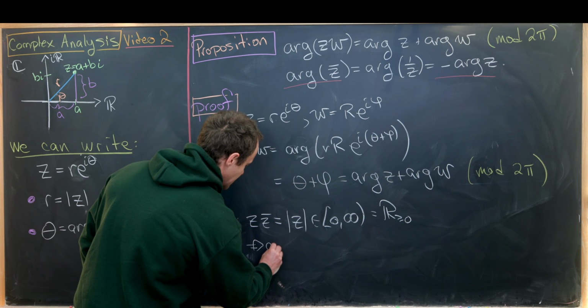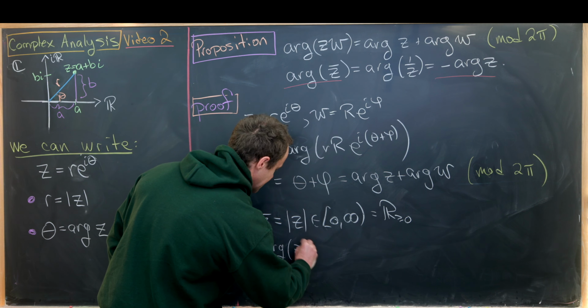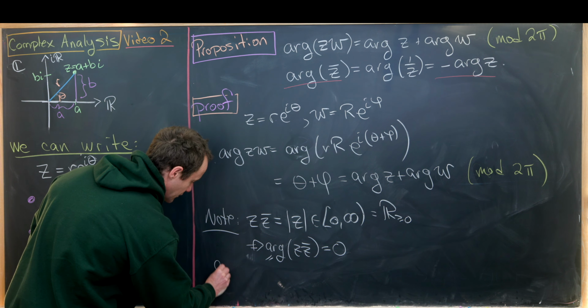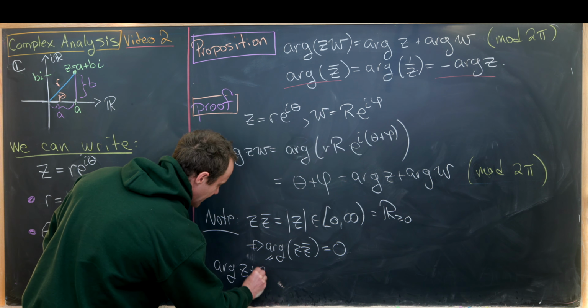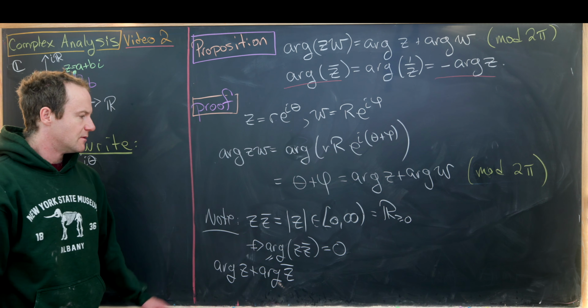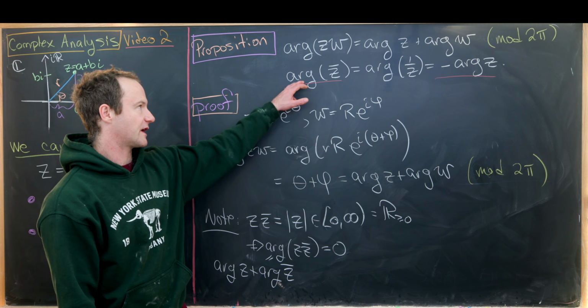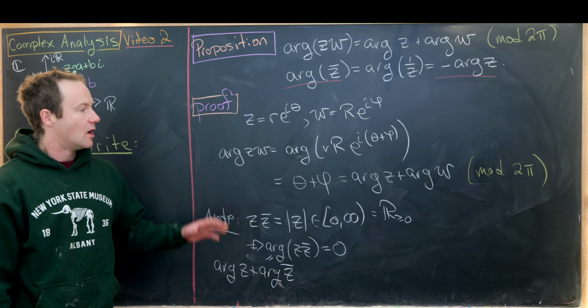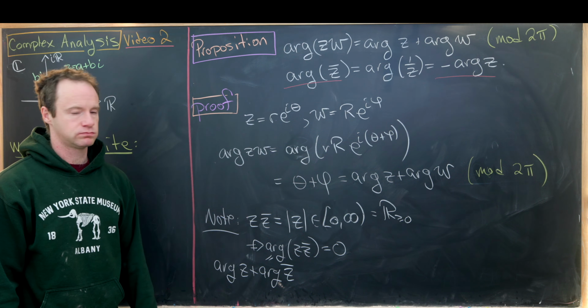So that means we have the argument of z z bar is equal to 0. But then expanding this out, we know that the argument of z plus the argument of z bar is equal to 0. But that's exactly what we need in order to have the argument of z bar is negative the argument of z. Okay, so let's get rid of this and we'll keep going.